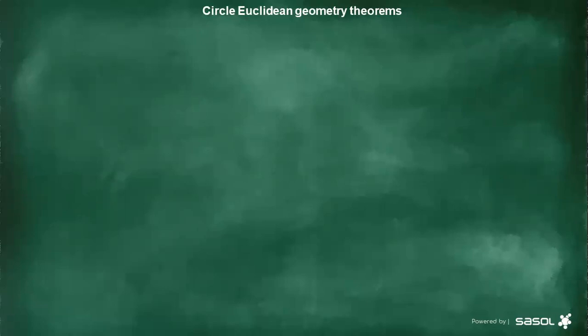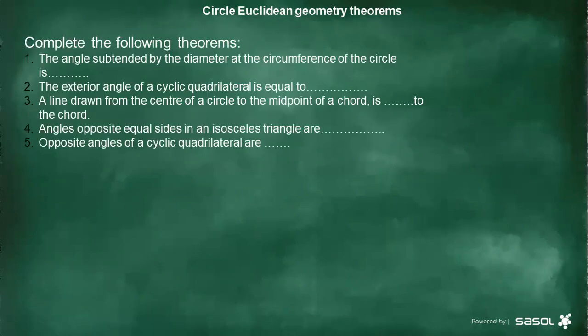All right, circle geometry theorems, and let's see what we are going to have on this one. Now this type of question that you might get for this coming exam is very important, where you have to complete these statements.